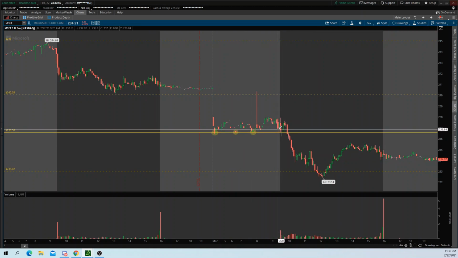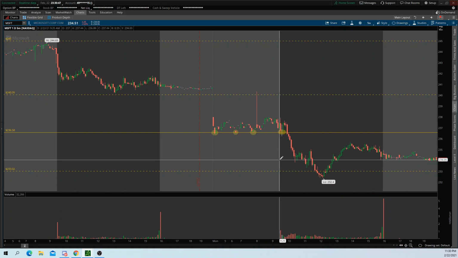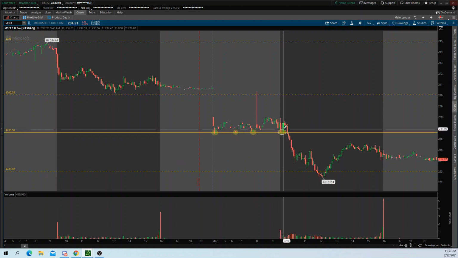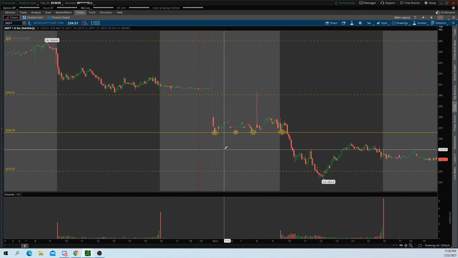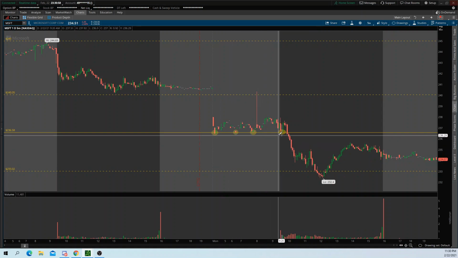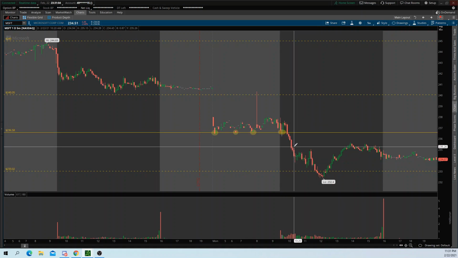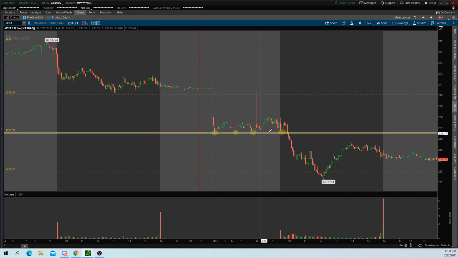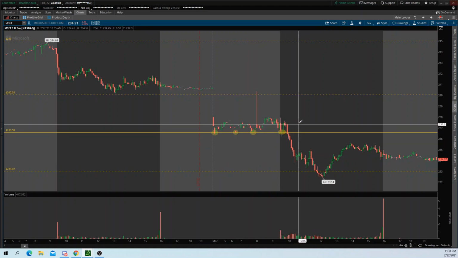We get the same reaction when the market opened. The first three 5-minute candles all touched this level, 236.58, and buyers were yet again able to support the price higher. So this was a key level that I was looking at for Microsoft.